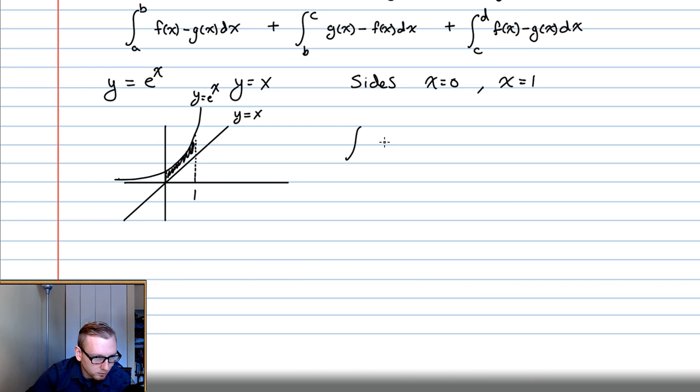Well, if we're integrating with respect to x, we'd go from 0 to 1, and then we would have e to the x minus x dx. Because e to the x is the upper bound function and y equals x is the lower bound function.